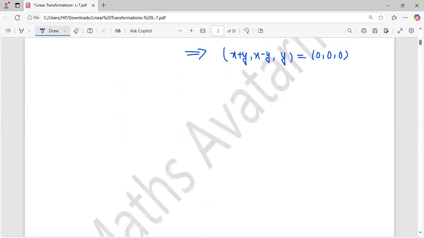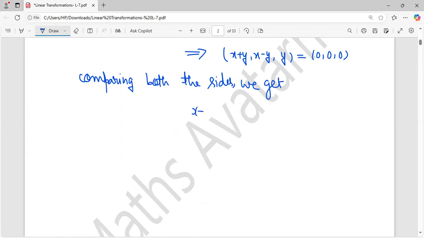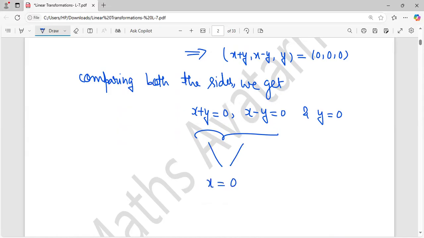So comparing both the sides, we get x plus y is equal to 0, x minus y is equal to 0, and y is equal to 0. By using any of these, either this and this, we have x is equal to 0.